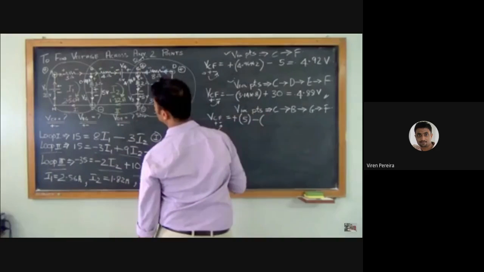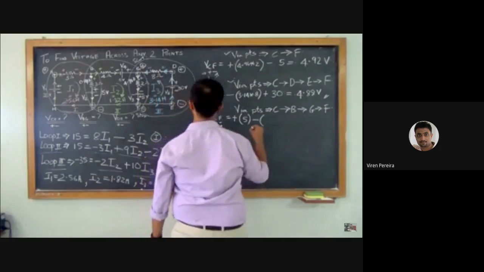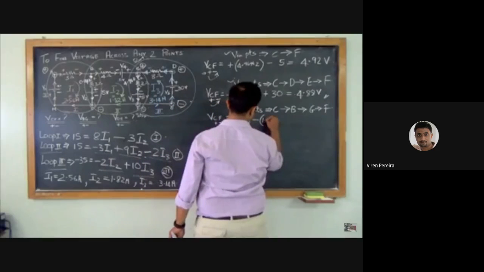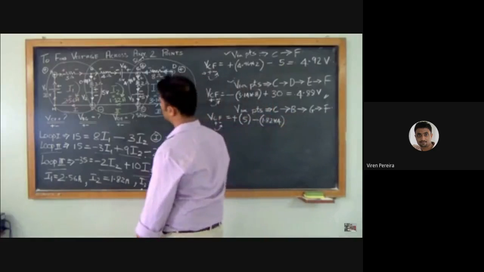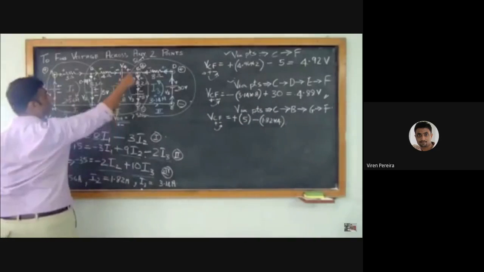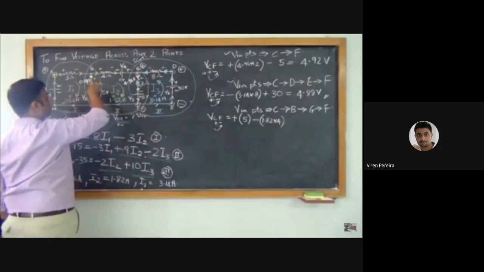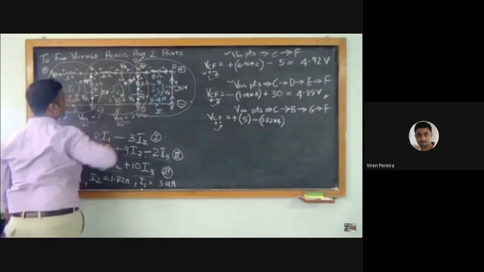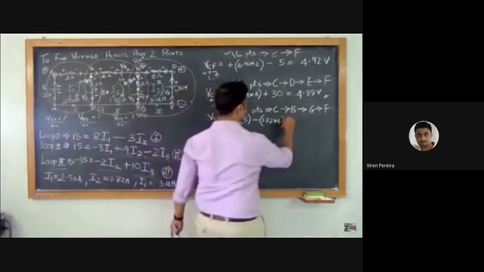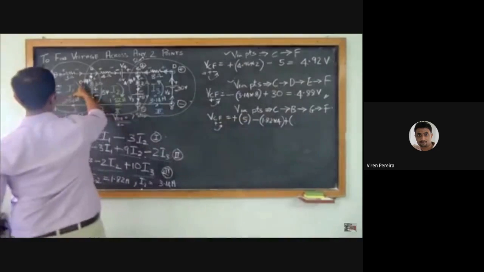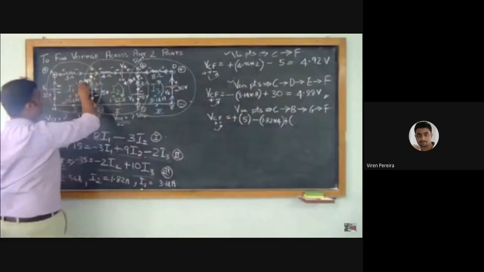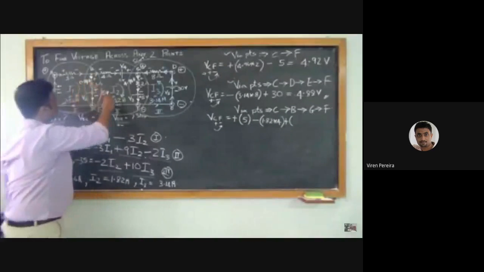Current is I2, that is 1.82, into 4. Then again, the first terminal of the 3 ohms is positive. Positive into positive, positive. What is the value of current flowing in this resistor? 0.74. So 0.74 into 3.